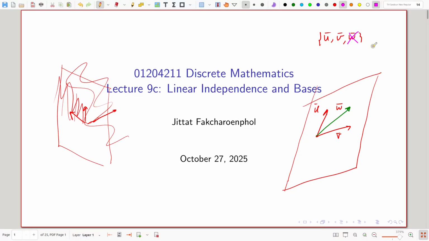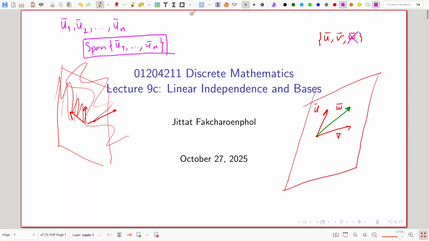So let's look back. You have a set of vectors like this: u1, u2, up to un, and I take the span of u1 up to un. This is my first set.